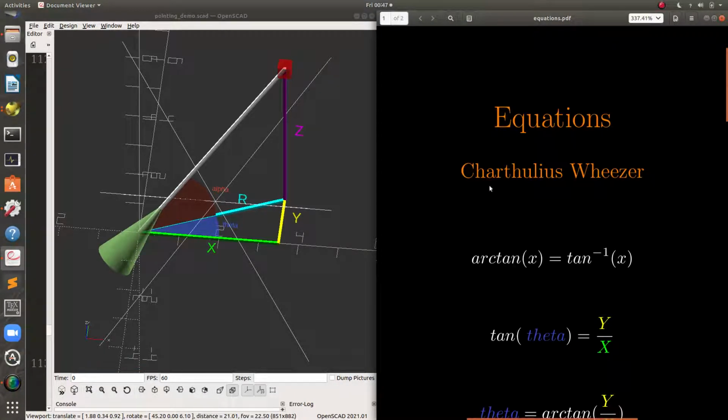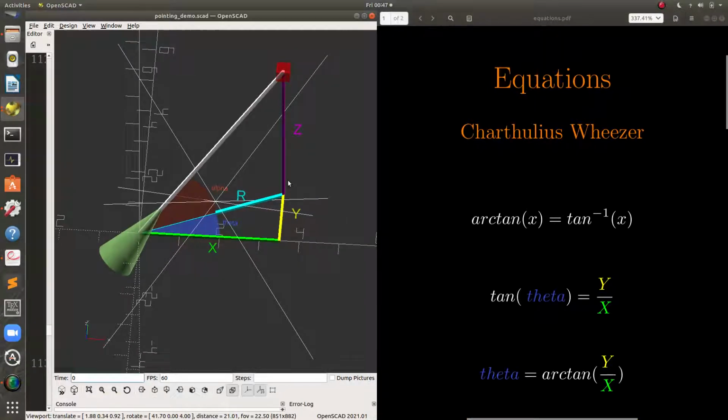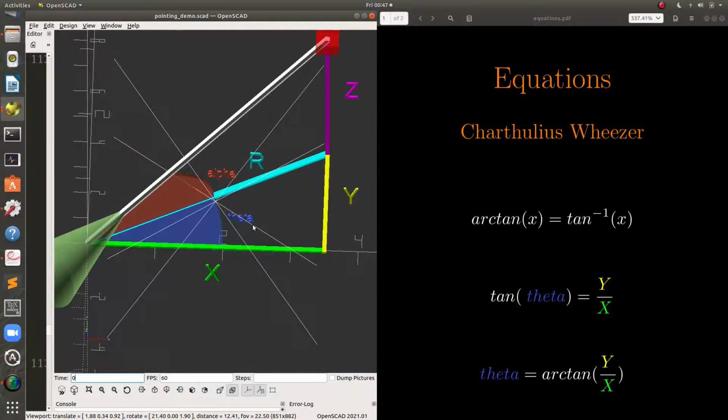Here are the equations. We're going to be using something called the arctan function. We'll actually be using the arctan2 function, but I'll talk about that in a second. So to calculate the angles, we need trigonometry.